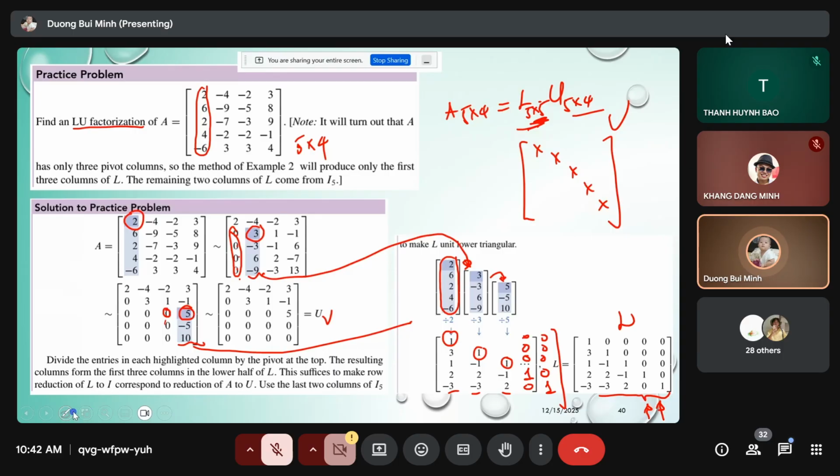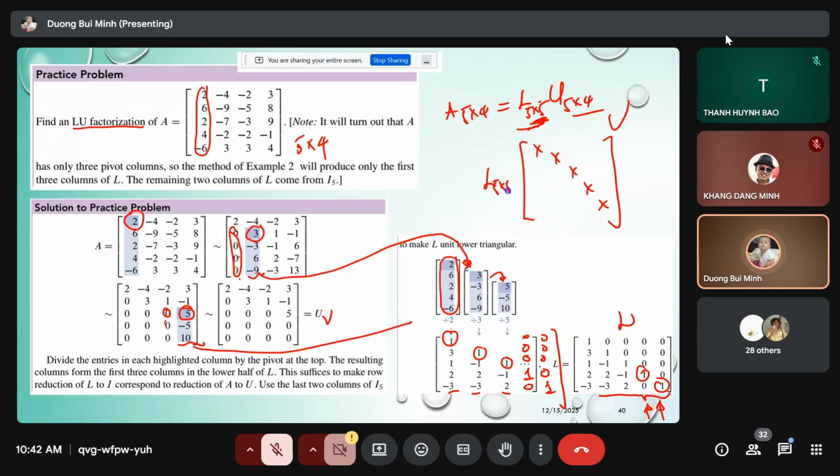For this case, we should make sure the diagonal elements must be non-zero. So you should add 2 more columns of the identity matrix.